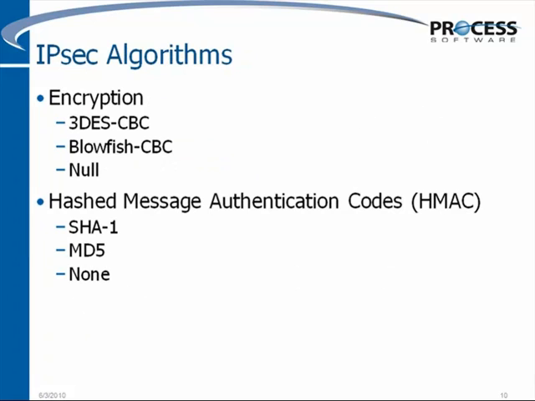The primary algorithms that MultiNet supports for IPsec are, for encryption, 3DES and Blowfish. For the message authentication codes, which is the authentication headers, they are SHA1 and MD5. These are mentioned in our RFCs that say what protocols the Internet has agreed are desirable at the time.